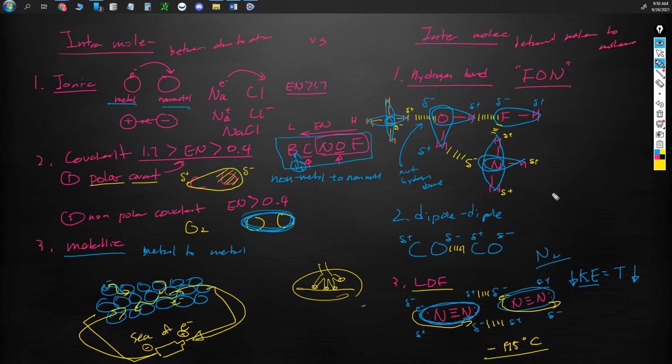And remember how ethanol versus water, why was water less volatile compared to ethanol? Ethanol had a dipole, but it also had a hydrogen bond, though a smaller number of hydrogen bonds, while water has a whole lot more hydrogen bonds around it, right? So that creates a huge difference in the volatility of a molecule.